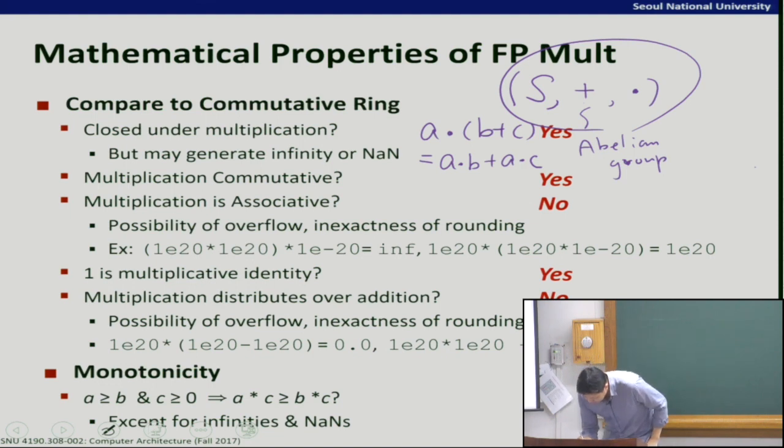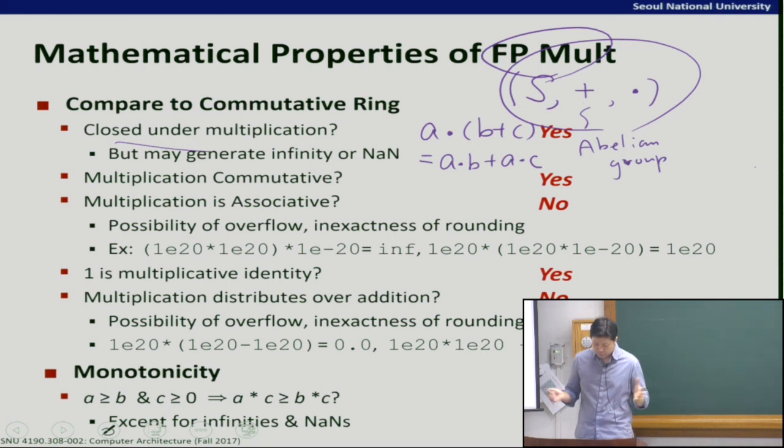Let's do the same exercise for floating-point multiplication. This one is also closed. The multiplication is closed but may generate infinity or NaN. Still, if you take any value from the floating-point representation and multiply it, the result will also be in this set of floating-point numbers, including not a number and infinity.